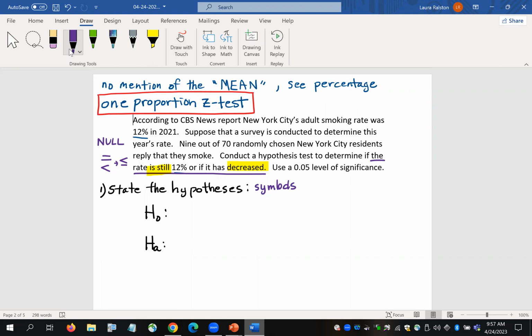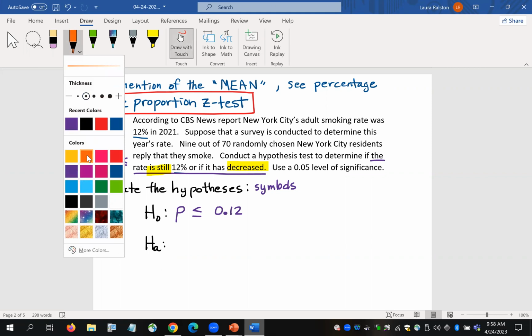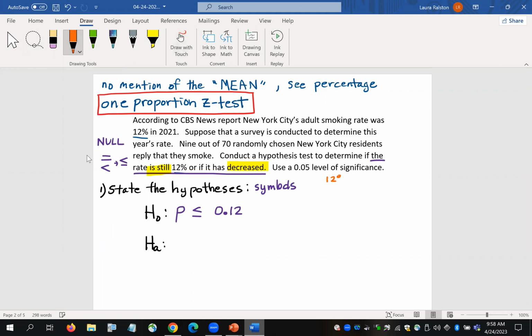So we're saying the proportion, we use P for proportion, the proportion or percentage is less than or equal to 12%. Now, I do have to convert the 12% to a decimal. If you don't remember how to do that, you take 12% and divide it by 100%, which gives you the decimal 0.12.